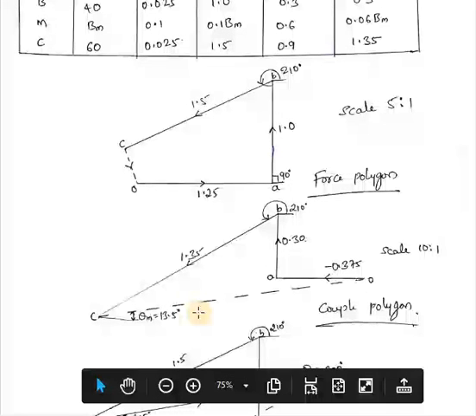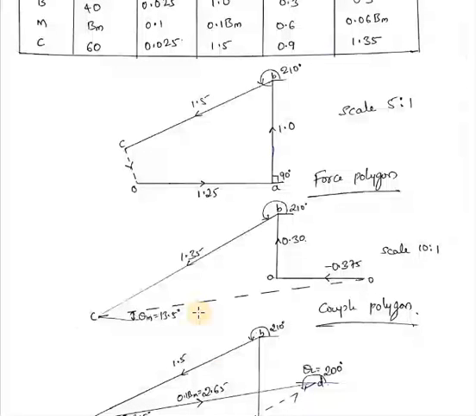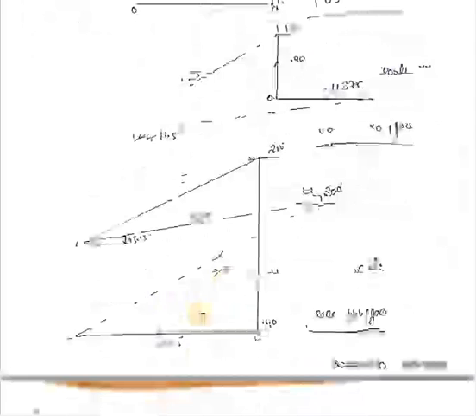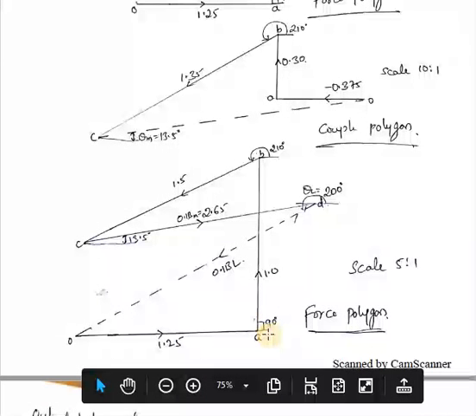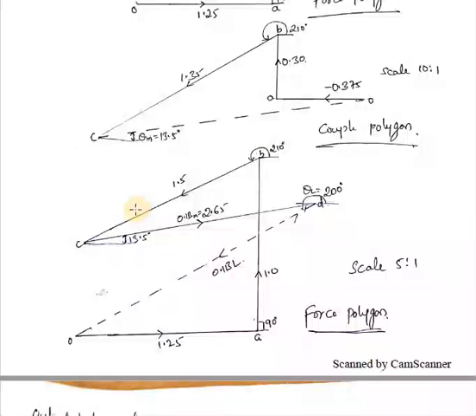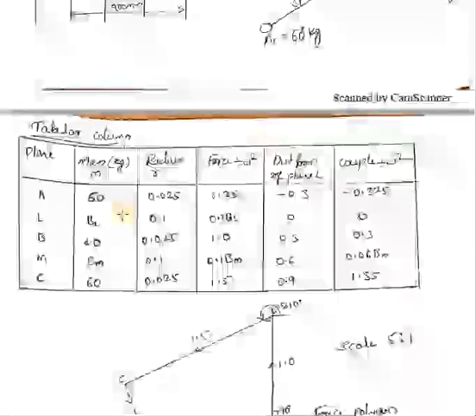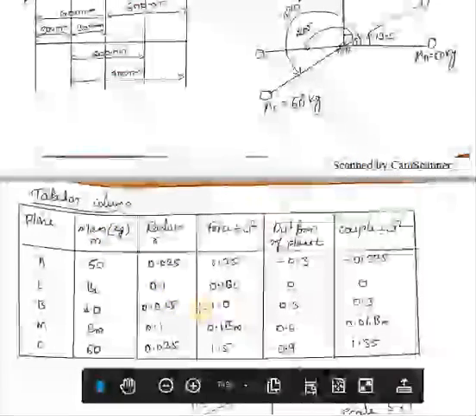Once we get the mass in plane M and its angle, then go for the force polygon. So first O to A, 1.25 in magnitude, then A to B, 90 degrees is the angle and 1 is the magnitude, then B to C, 1.5 is the magnitude and 210 degrees is the angle, that is up to here.